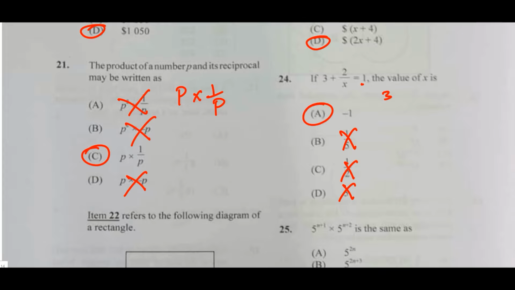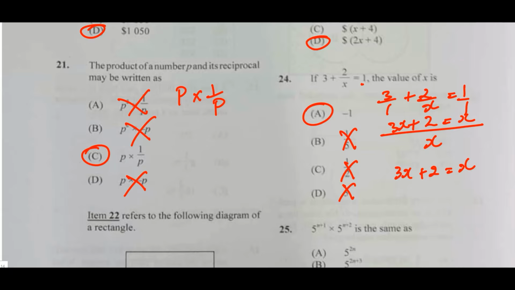Some students may go ahead and work it out. Please don't. And then find the LCM, which is x. Let's go ahead and see what we get with the working. 1 into x goes x times, so you get 3x. x into x goes 1, so we get 1 times 2. 1 into x goes x, so we solve 3x plus 2 equals x, so we have 3x minus x is equal to negative 2.